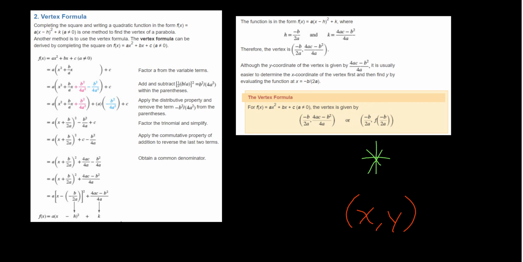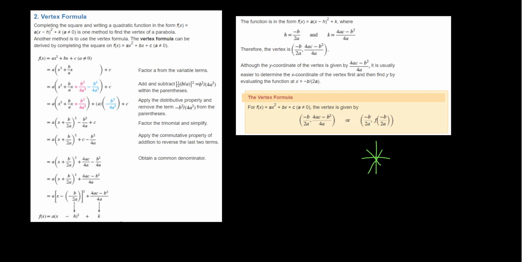The y over here is the function at that value. Of course, we've seen that all the time, as x and f of x. That's all we're seeing here: x and then f of x. In this case, it is negative b over 2a and then f of negative b over 2a.